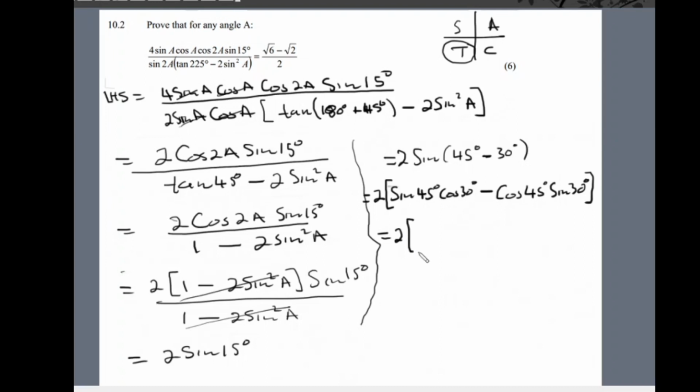So sine 45 is equal to 1 over the square root of 2, and then cos 30 is equal to the square root of 3 divided by 2, and then cos 45 is 1 over the square root of 2. Sine 30 is 1 over 2, right?